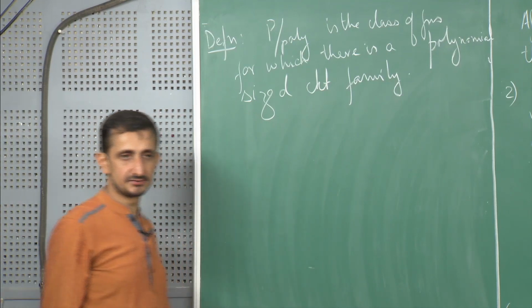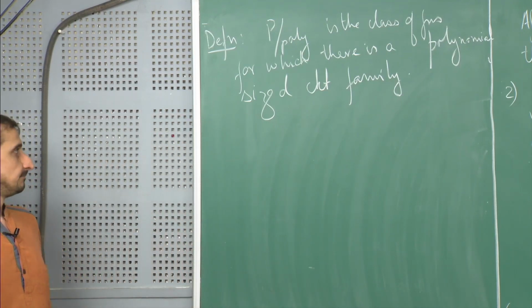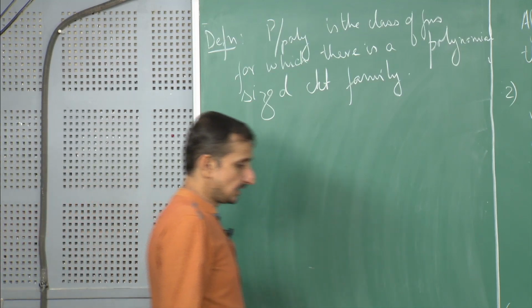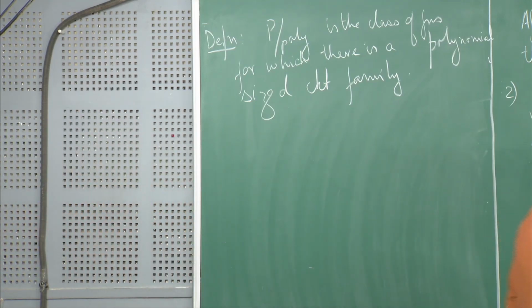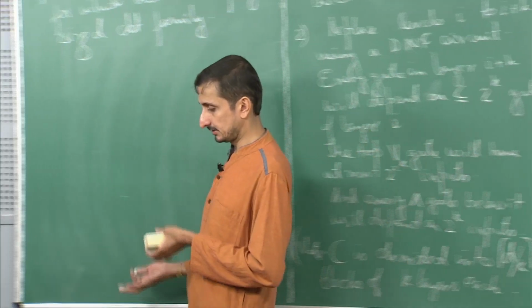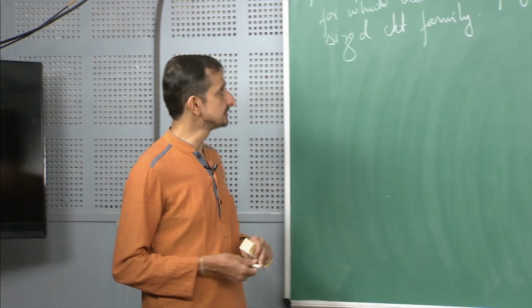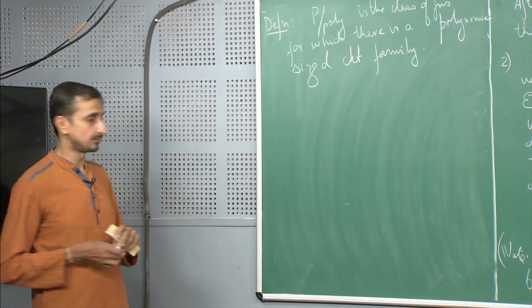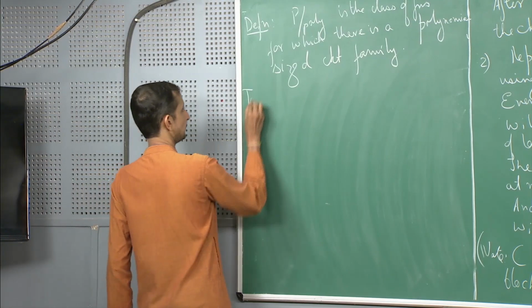We do not have any restrictions on the depth, it is just any polynomial size circuit family. We have seen the relation between these bounded depth circuit classes and uniform classes. What can we say is the relation between, for example, P and P slash poly? That is what we are going to see.